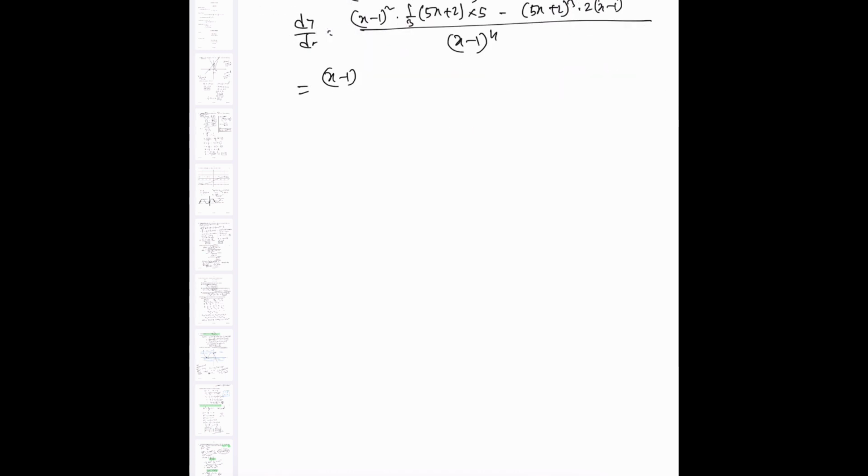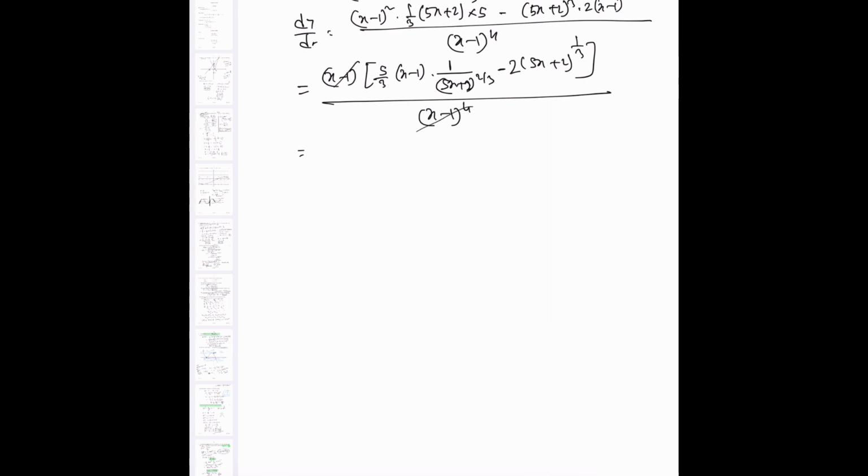(x minus 1) will be common, so remaining 5 by 3 (x minus 1) into 1 by (5x plus 2) to the power 2 by 3 minus (5x plus 2) to the power 1 by 3, done. 2 also, and there (x minus 1) whole 4, then there will be simplification, so there will be only (x minus 1) whole cube.